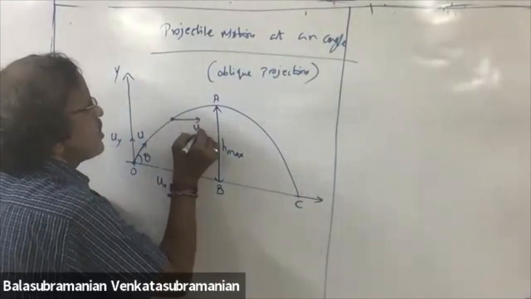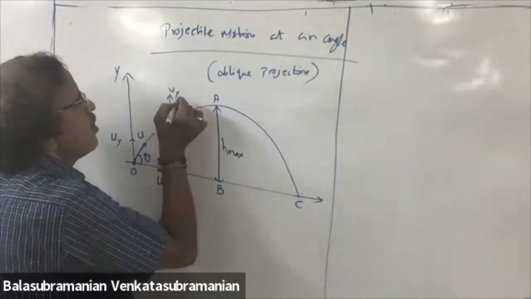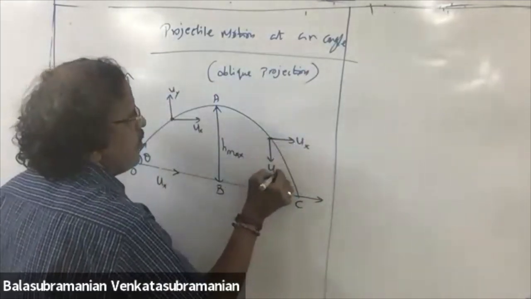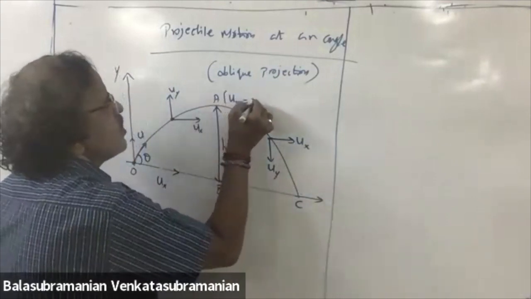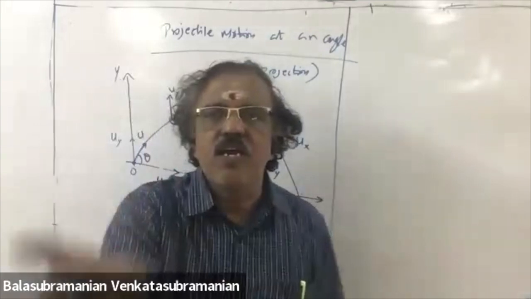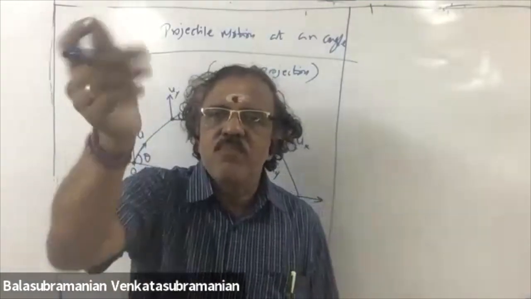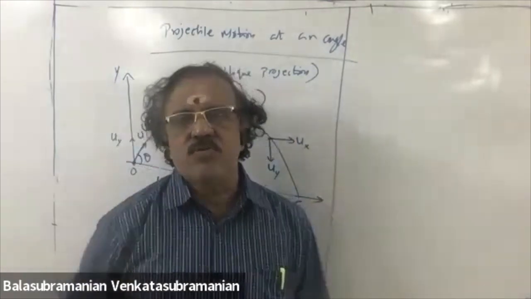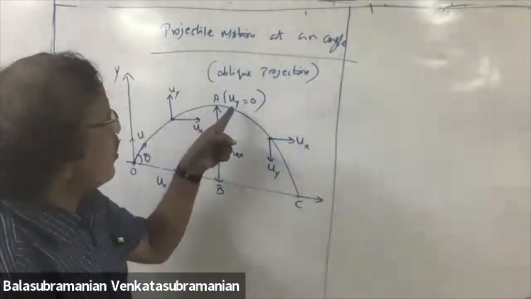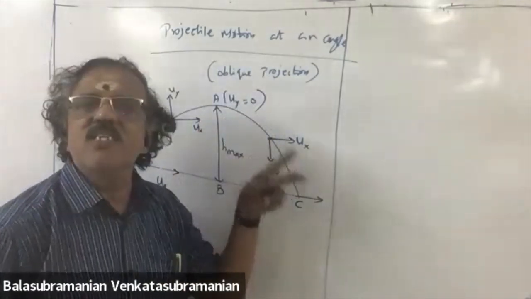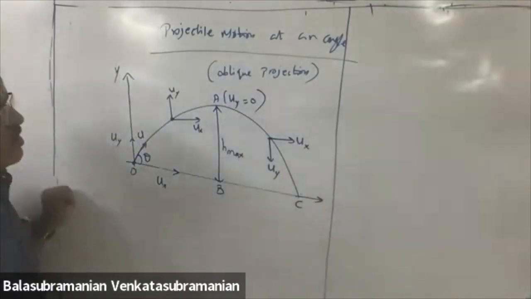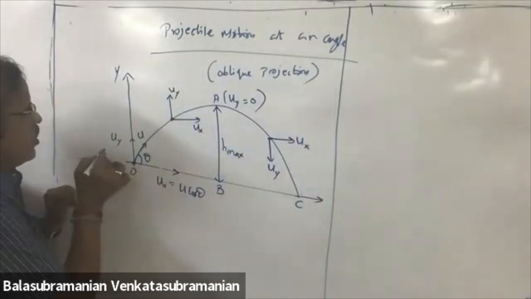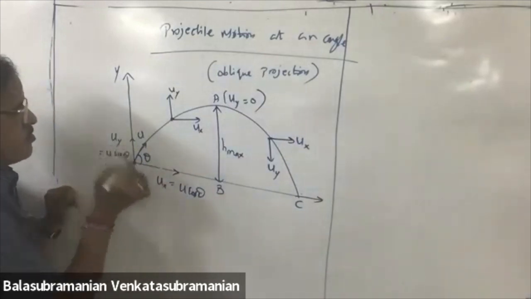At the highest point, the vertical velocity is 0. When you project a body, the velocity goes on decreasing, and at the highest point it becomes 0, so the body comes down. So ux is u cos theta and uy is u sin theta.